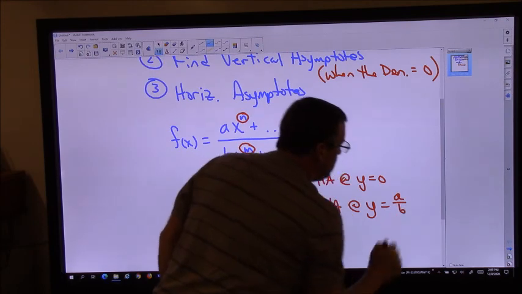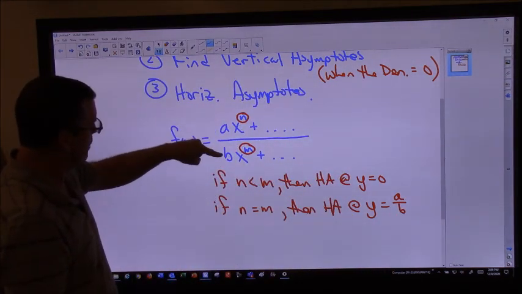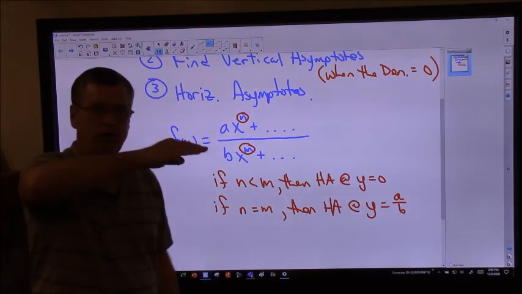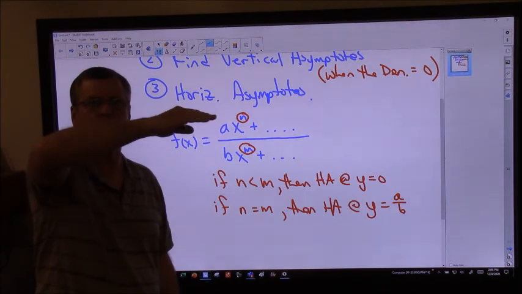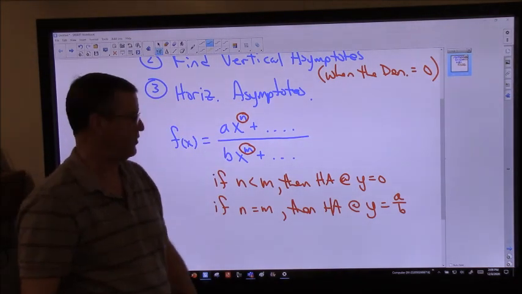So if this is 6 and this is 2, 6 divided by 2 is 3, the line y equals 3 is a horizontal asymptote. We would just draw that in our graph and know that our graph gets close to it without quite touching.